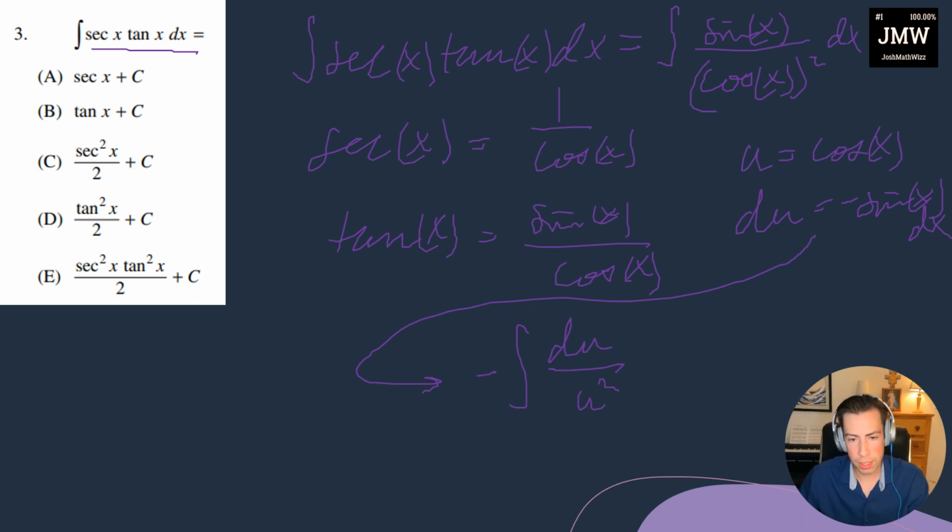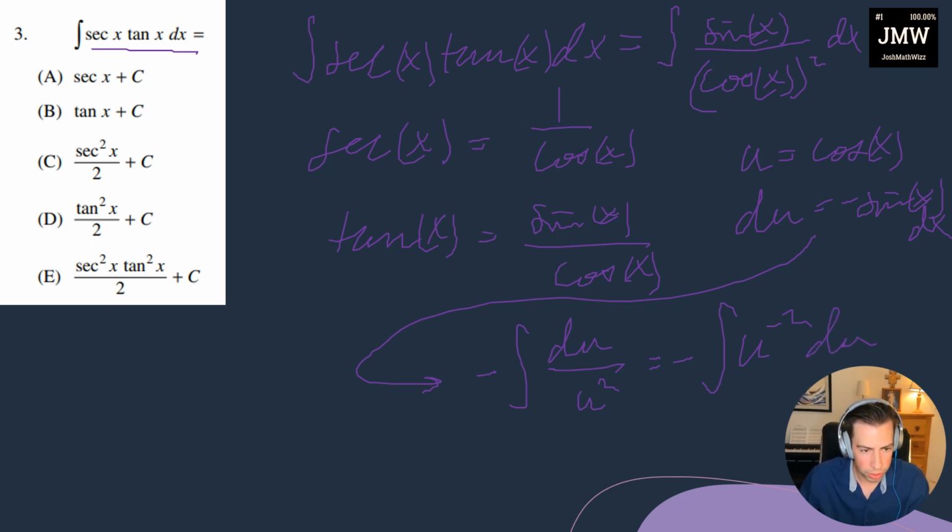And whenever I go ahead and compute this, actually, let me rewrite it as the negative integral of u to the negative 2, and then we can just use the reverse power rule.